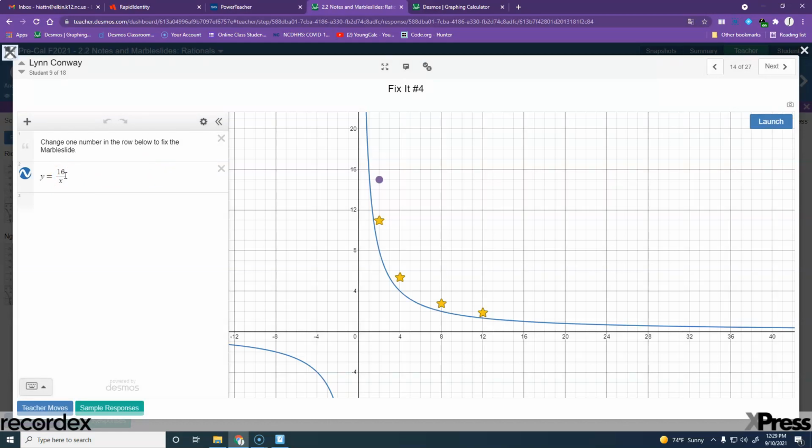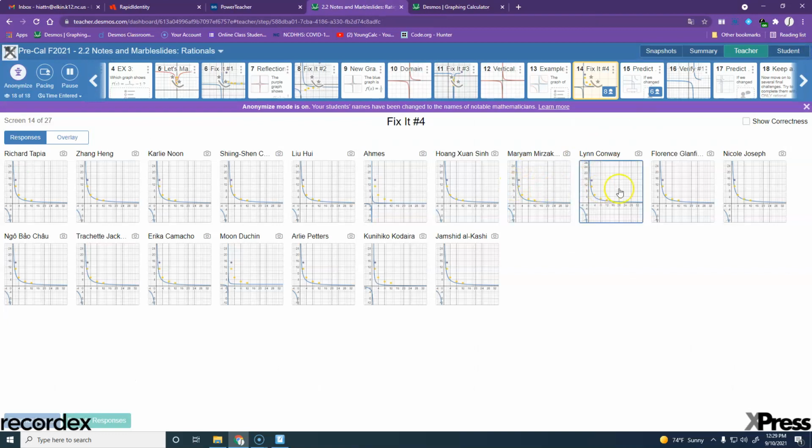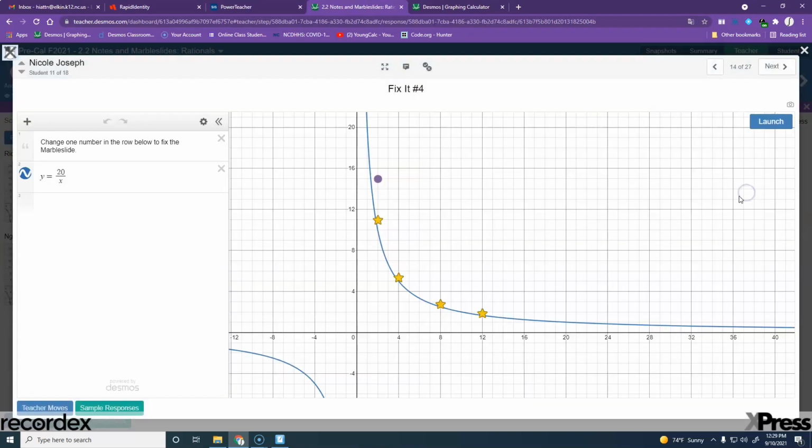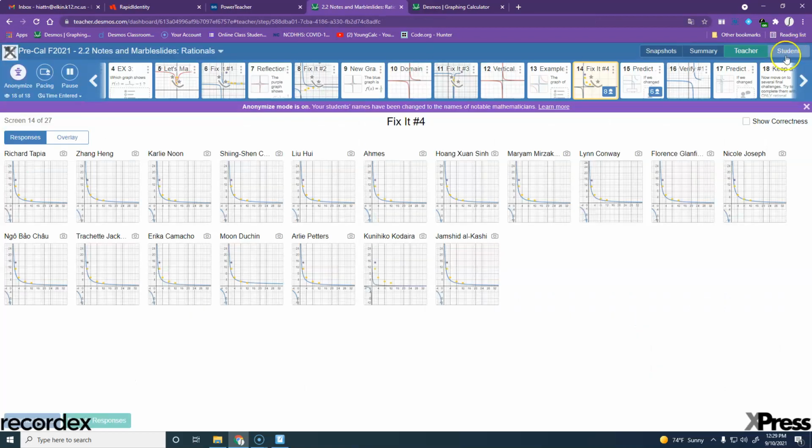Because those stars have a pretty good area there. This person right here chose 20, which put the stars almost right on the line, but it still hits all of them, so that works out well. Basically, you needed to make that number larger there.